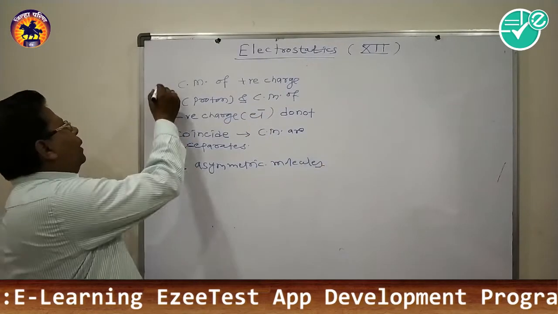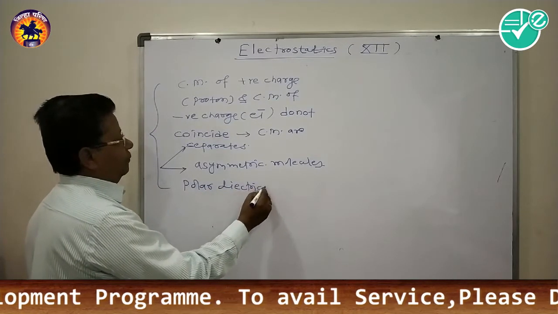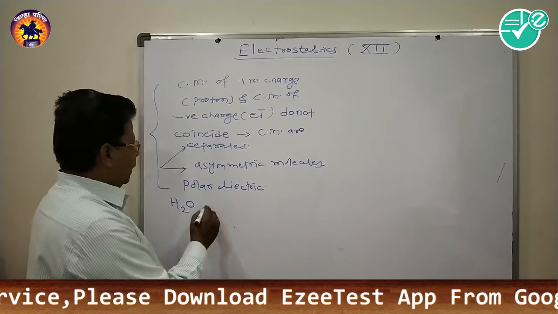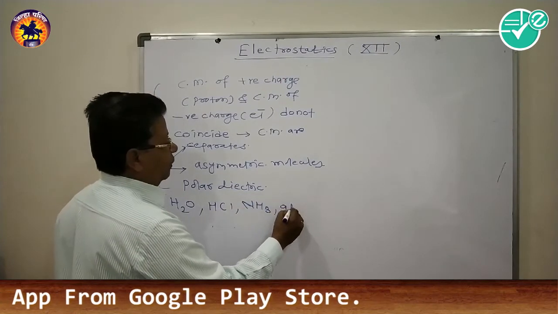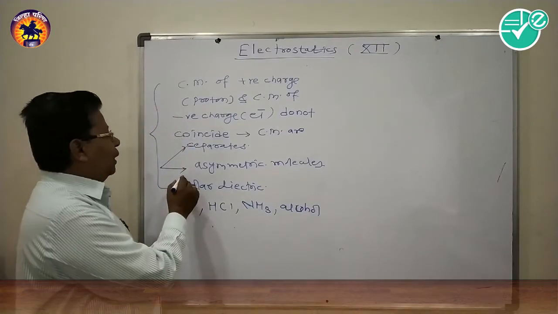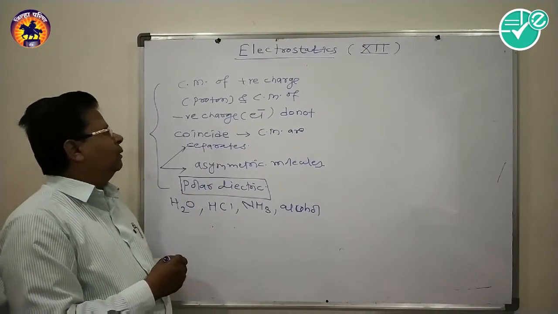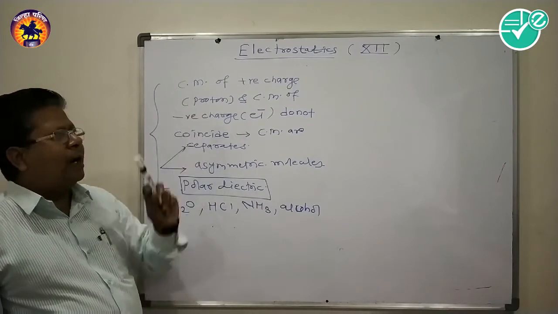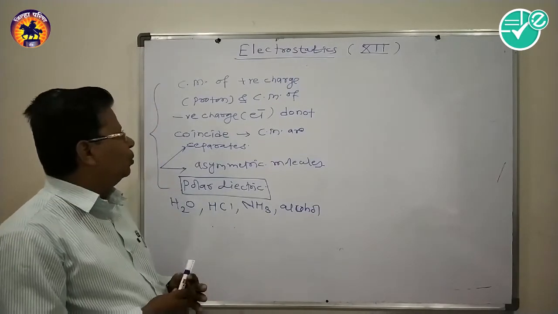The examples of these polar dielectrics are H2O, HCl, NH3, alcohol, etc. So polar dielectrics are nothing but the substances in which the center of mass of positive charge and the center of mass of negative charge do not coincide.